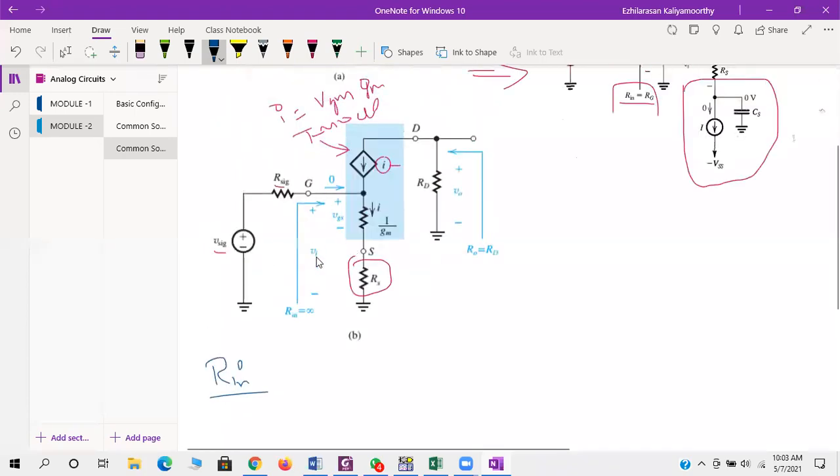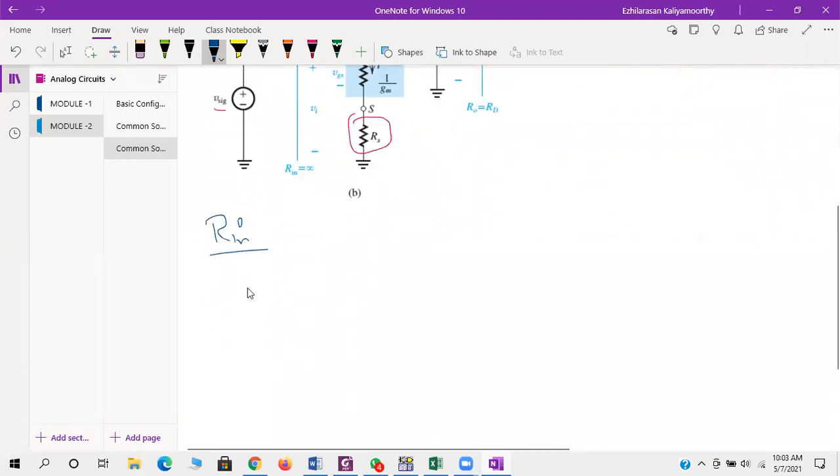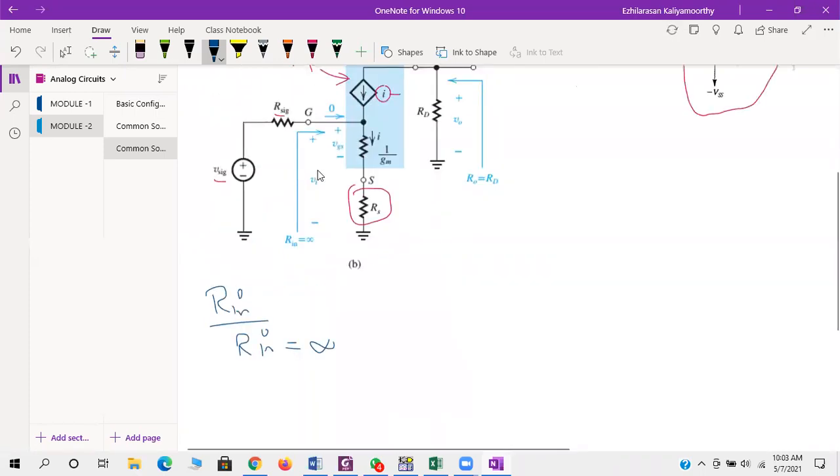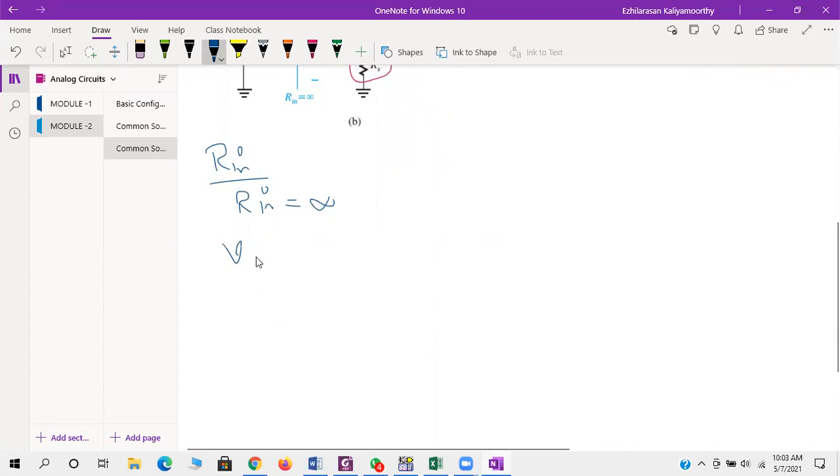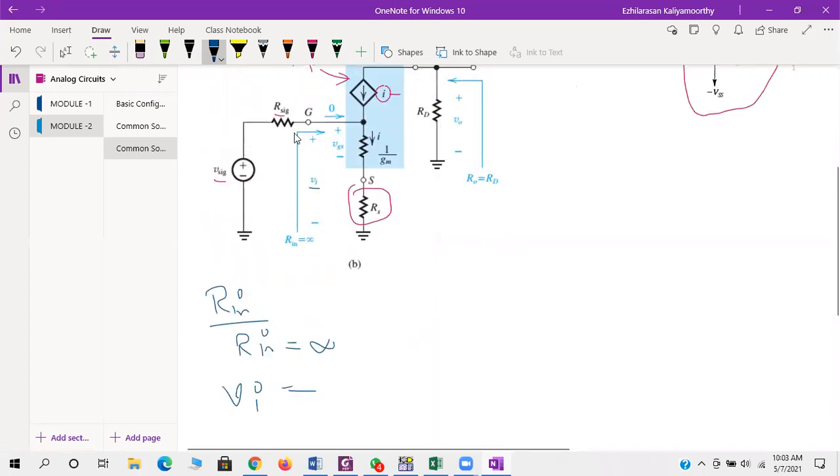From this figure, I can say Rin is equal to infinity. So write Rin is equal to infinity, because the resistance will be very, very high. Then what about the input Vi? Vi is nothing but the signal, which is VGS only. So Vi is equal to this. Completely Vi will be Vsig, that is the signal voltage.